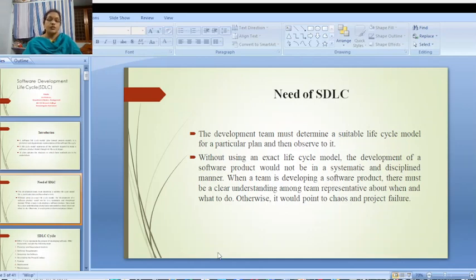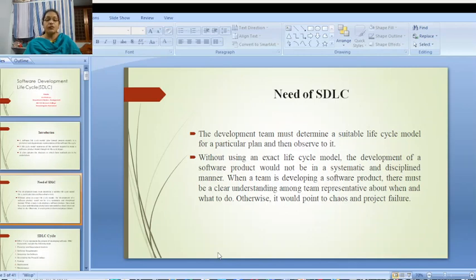Without using any exact life cycle model, how can we say we are following the correct SDLC stages? To maintain a systematic life cycle model, there must be a clear understanding among team representatives about when and what to do.